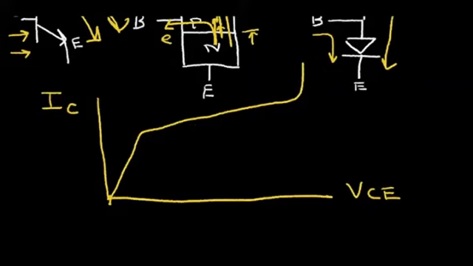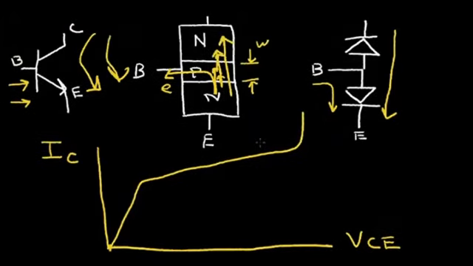So an interesting thing to recall is that there's a slight slope to this curve. It's not perfectly flat. And what's happening is that as I increase the collector to emitter voltage, I'm reverse biasing this base to collector junction.